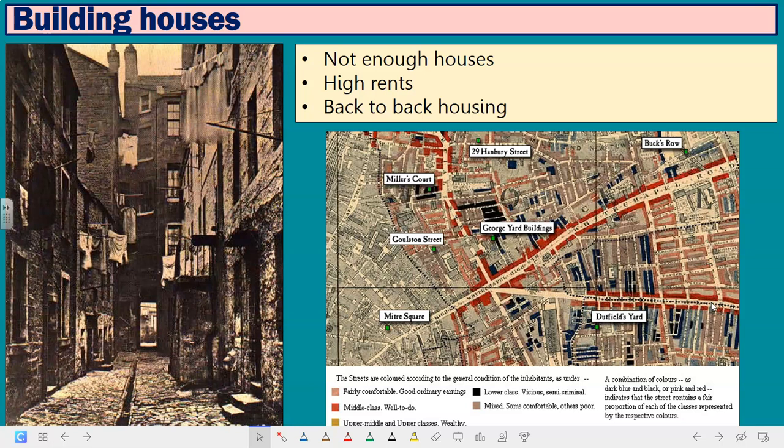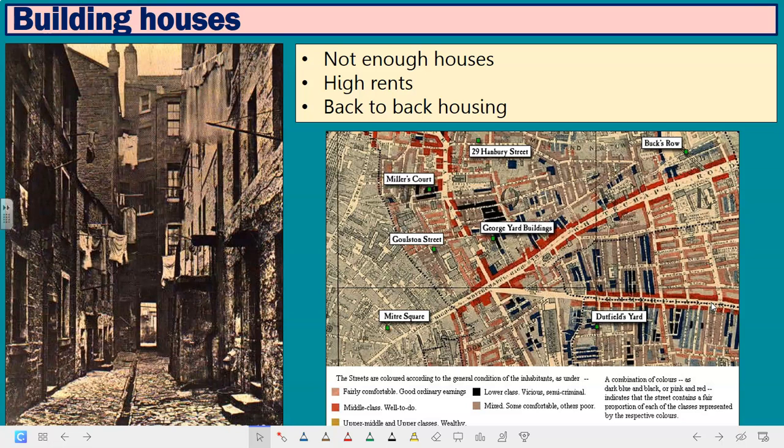They could use cheap materials, they could build without any regulation, so there weren't any rules about, for example, how tall a building had to be, how close together it had to be, what kind of services it needed, how good the quality of the building materials was.